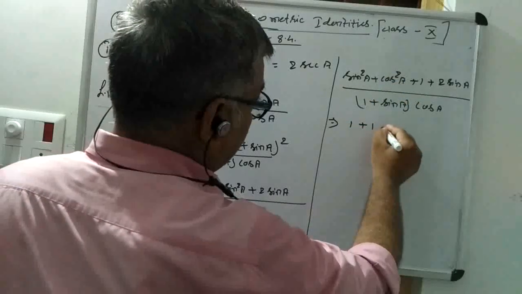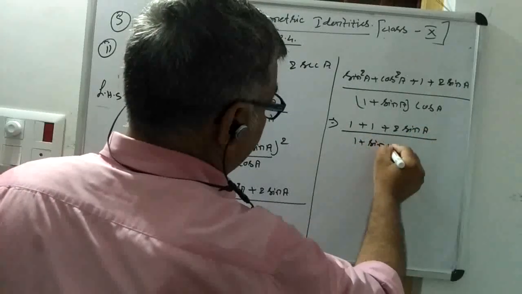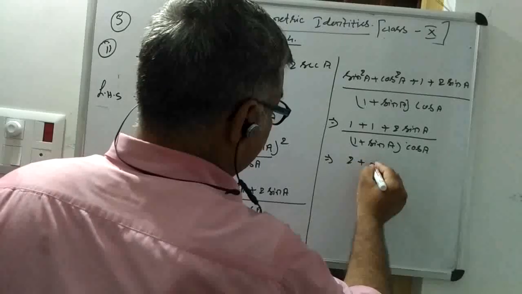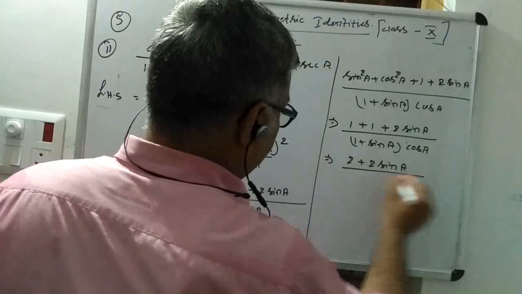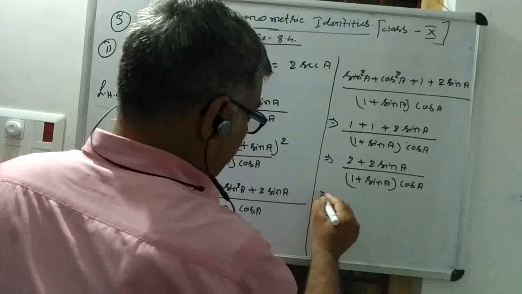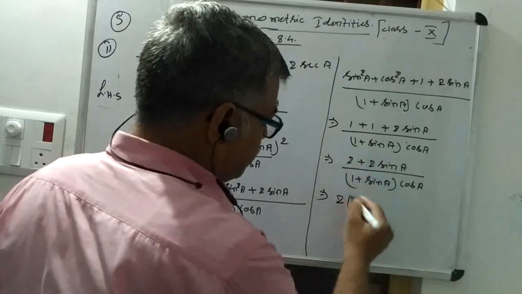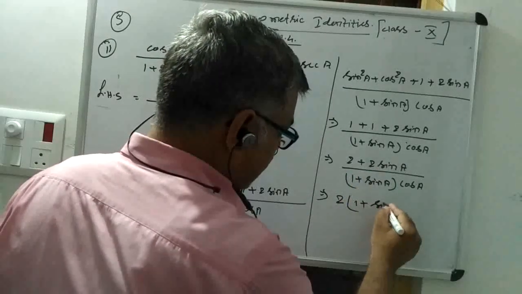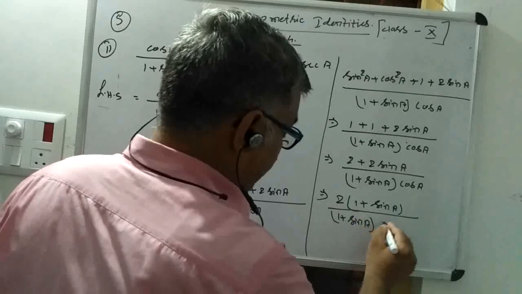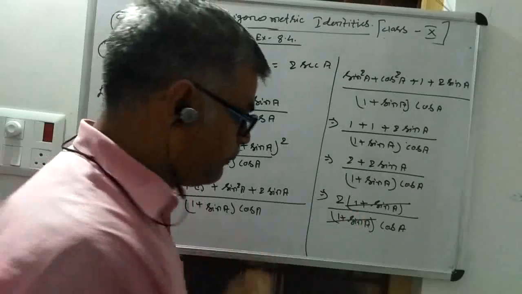So it will be 1 plus 1 plus 2 sin A, by 1 plus sin A into cos A. So it will become 2 plus 2 sin A by 1 plus sin A into cos A. Now take 2 as common, then you will have 1 plus sin A by 1 plus sin A into cos A. This 1 plus sin A in the numerator and denominator will get cancelled.